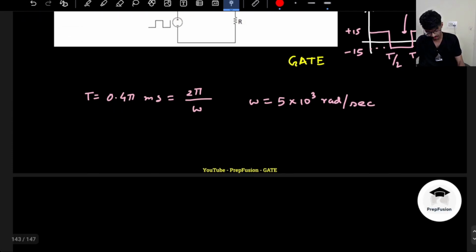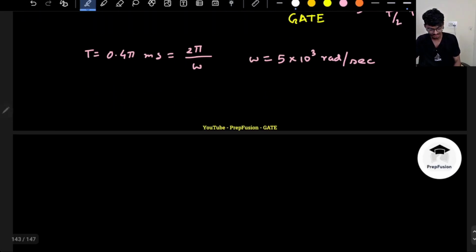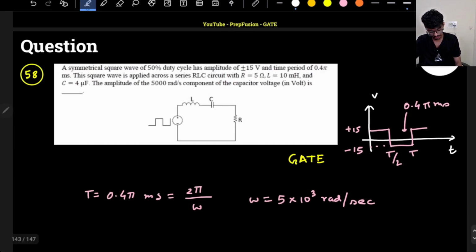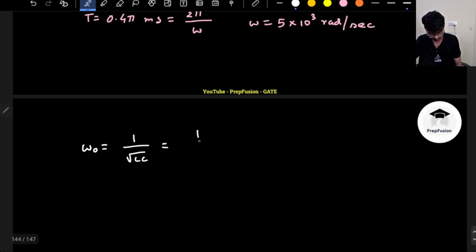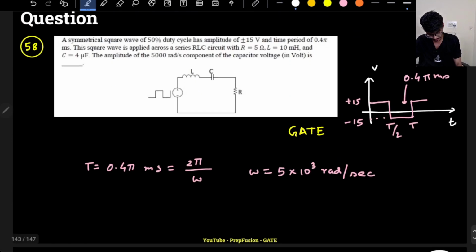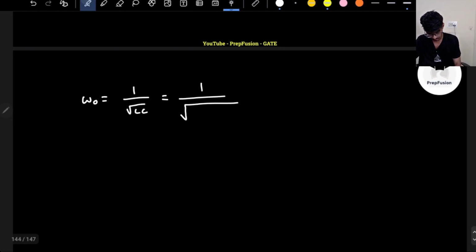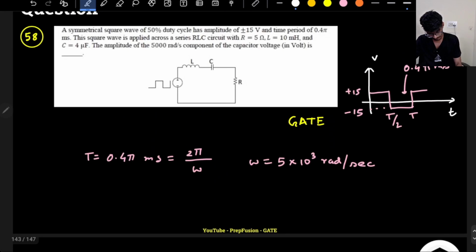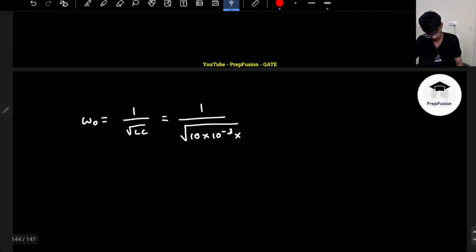For a simple series RLC circuit, what is the resonant frequency? 1 by under root LC. L is 10 millihenry, C is 4 microfarad.